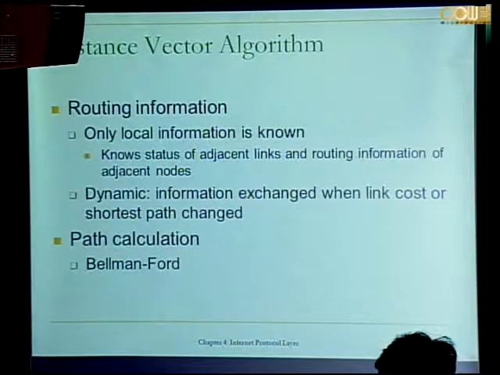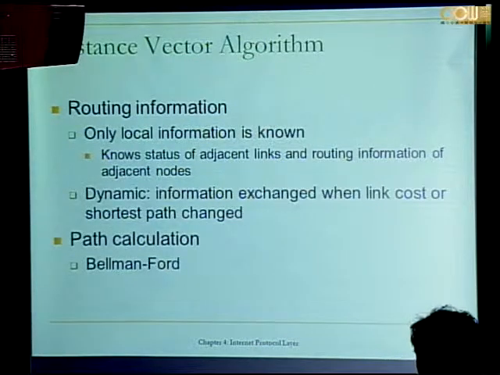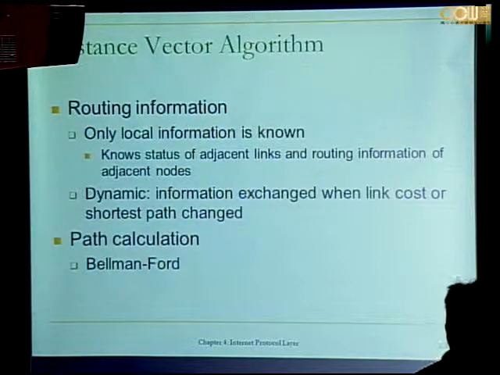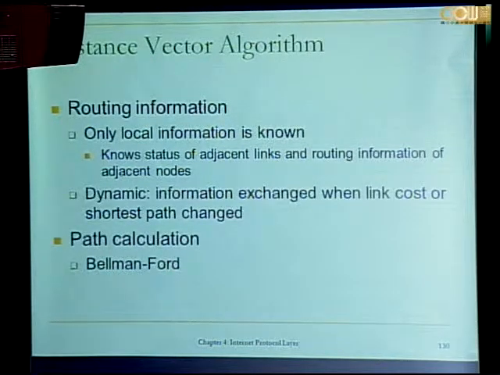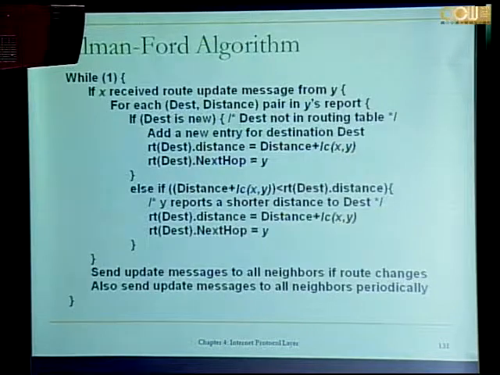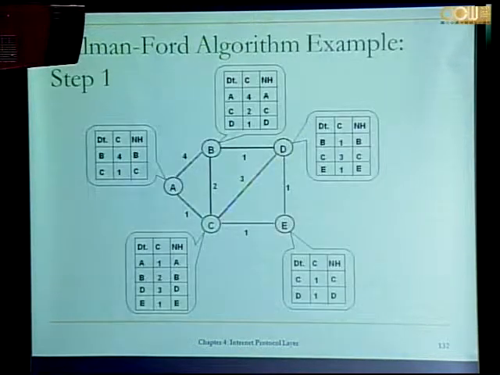My neighbor would tell me something it knows, so I add this information into things I know. So I would know more and more. And the calculation is done by the Bellman-Ford algorithm. So let's go through this. Here again, this is an algorithm, but let's look at the example first.